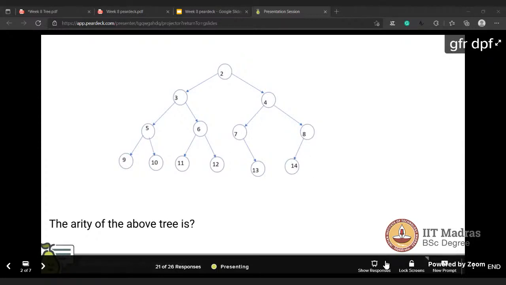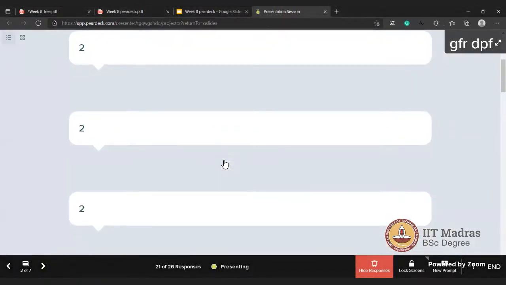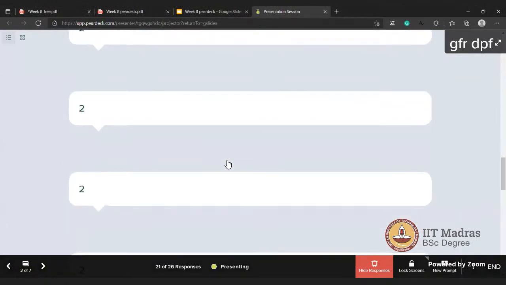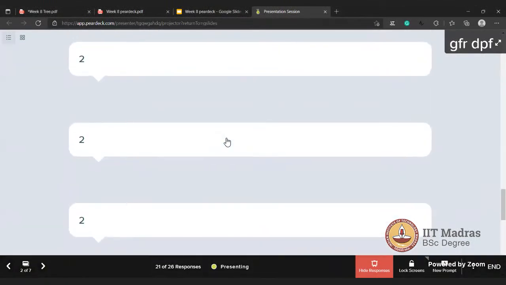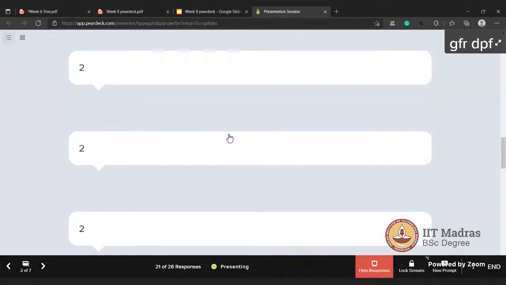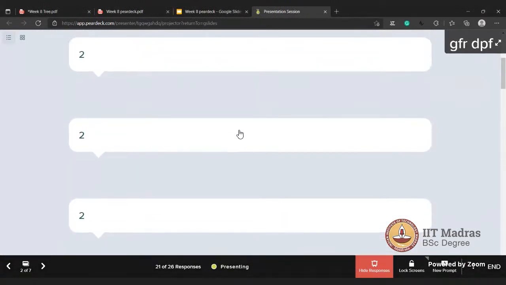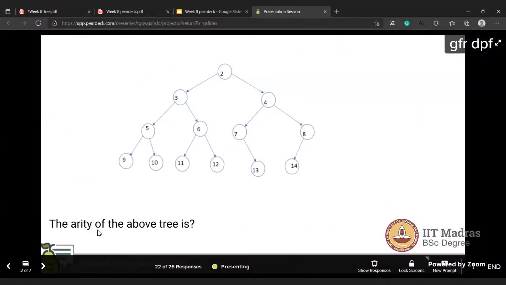We can discuss. So maximum got the right answer too. Anyone can explain why hierarchy of the above tree is 2? Actually, a node has maximum 2 child nodes among all the nodes. Very good, Asim. Okay, so we'll move to next question.